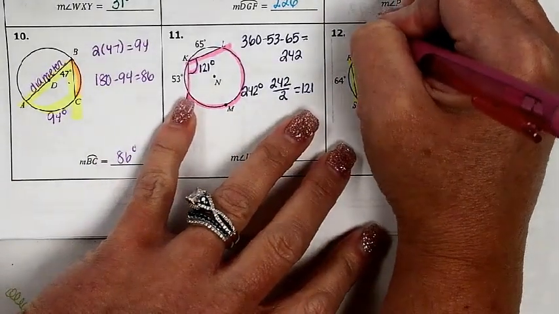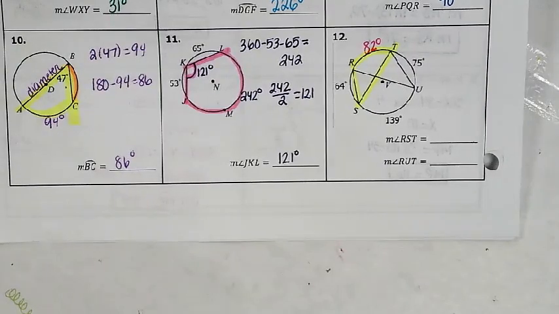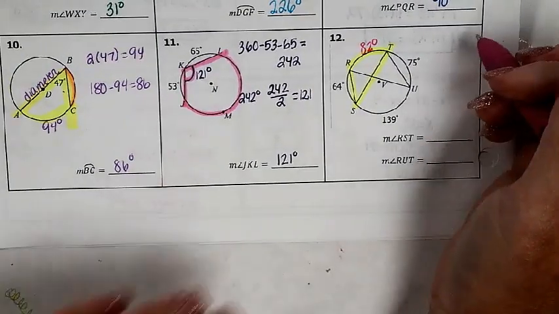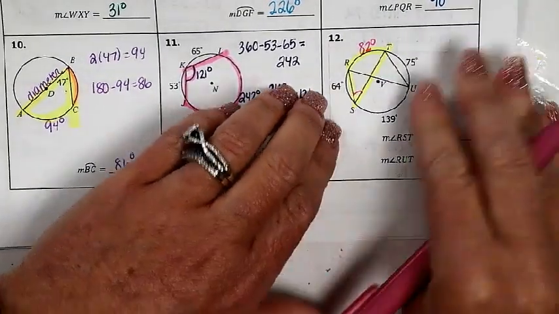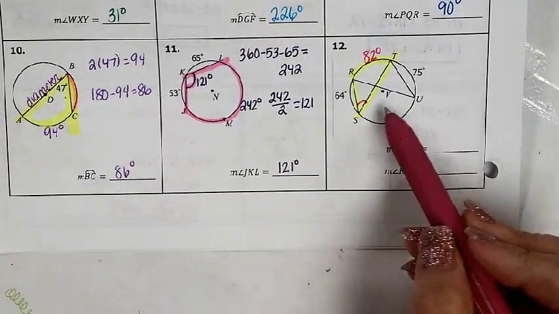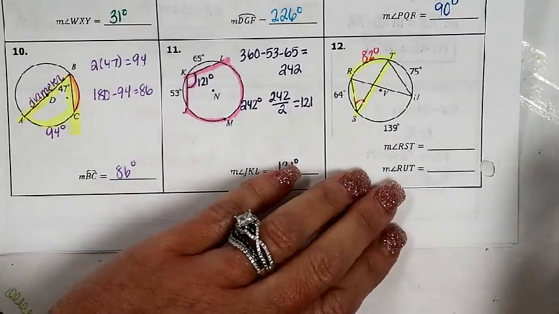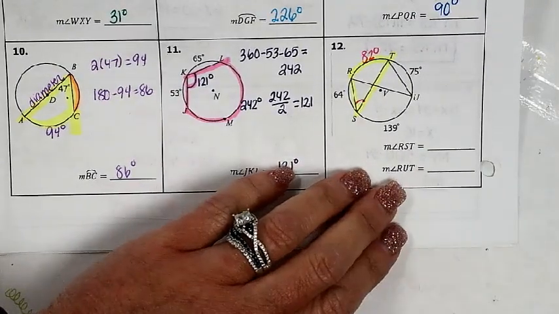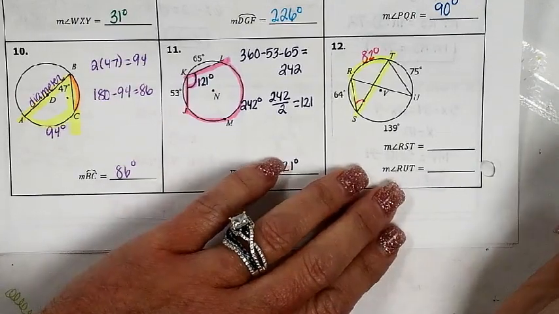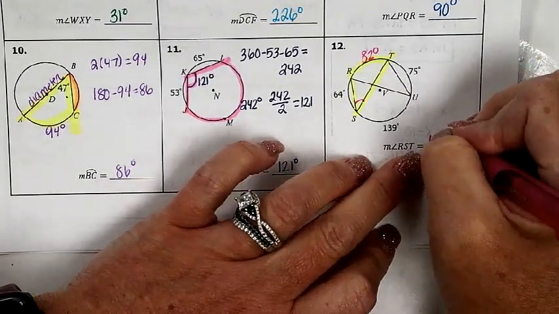So if that is 82 degrees, I'm trying to find this angle. So intercepts 82 degrees. What would the measure of angle RST be? 41. We would half the 82.